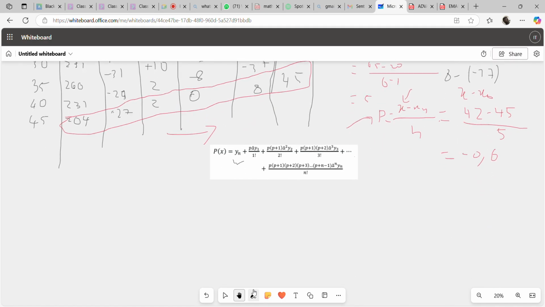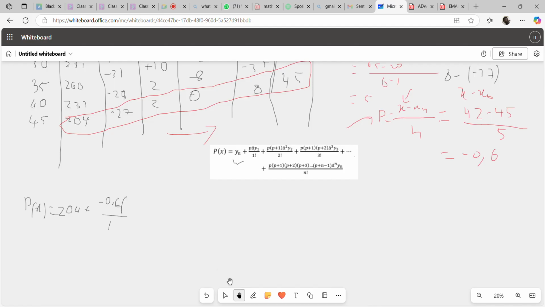So if we have to solve using this formula, you can write p of x as yn, which is 204, plus, remember you found your p here is minus 0.6 over 1 factorial, which is 1, so you can simply put 1. What is delta 1?